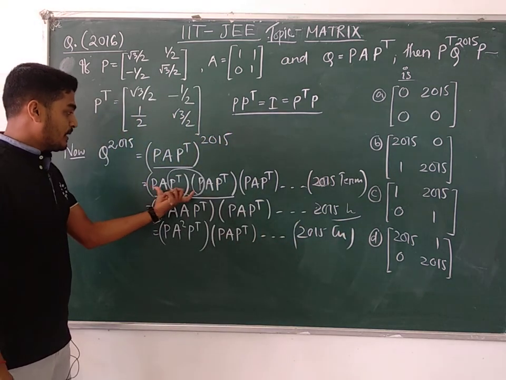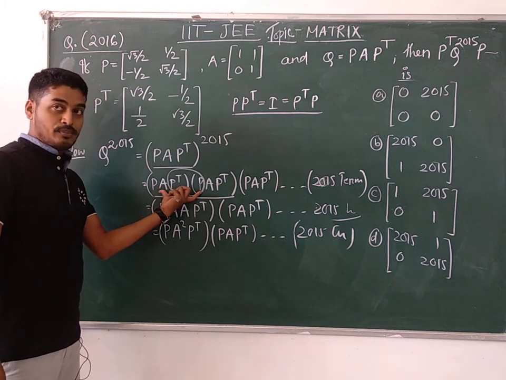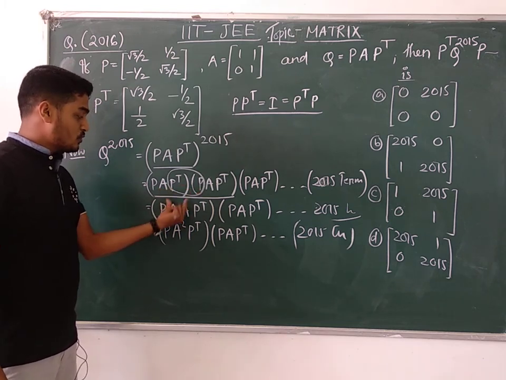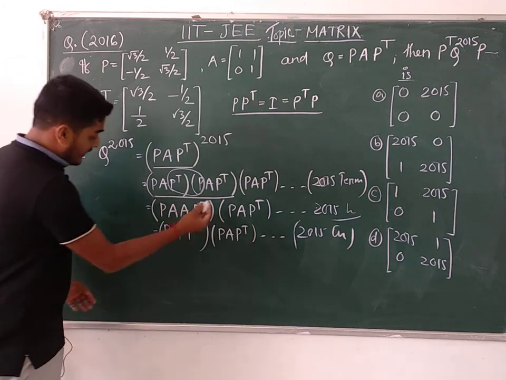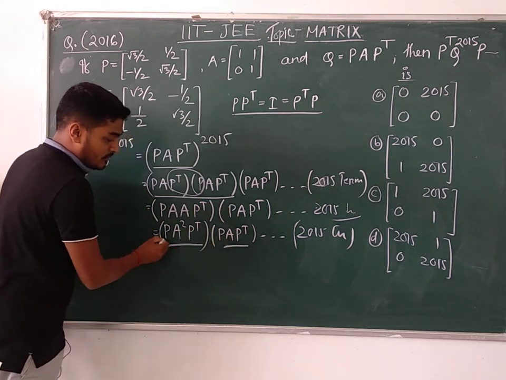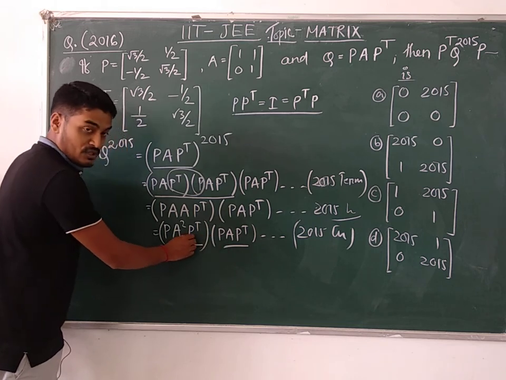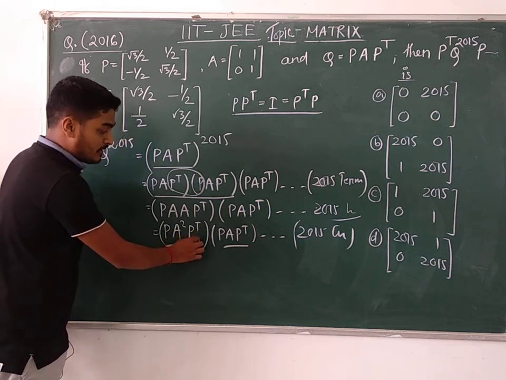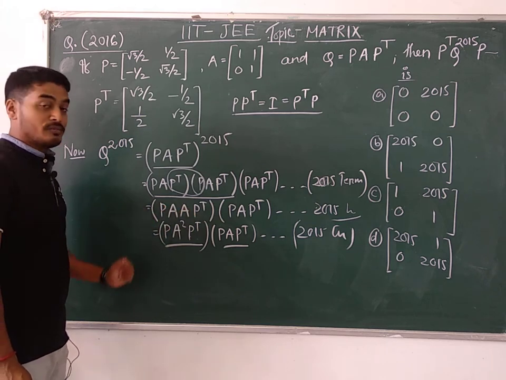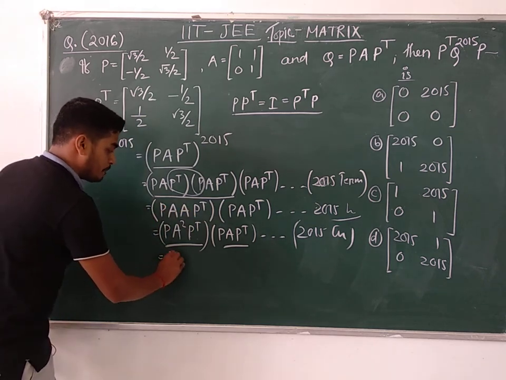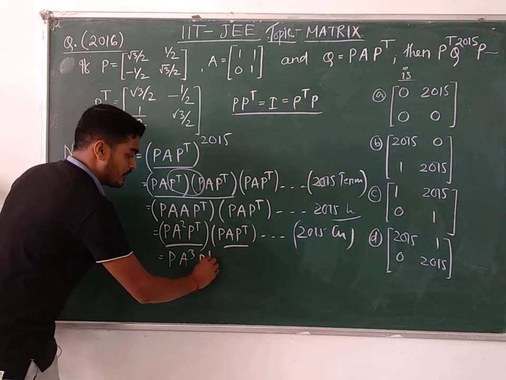When we multiplied two terms of that type, we got P A square P transpose. Then when we multiply again with this term, P transpose into P is identity, and multiplication of the identity matrix with any matrix leaves the matrix the same. That means we will get P A cube P transpose.